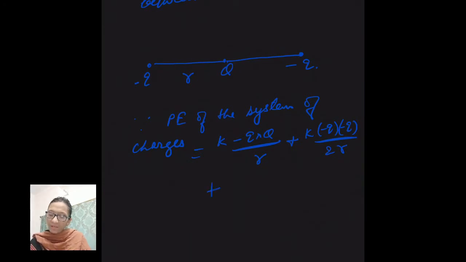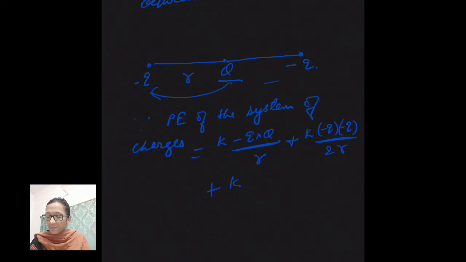Now I will take the second charge and find the potential of this charge due to the presence of the other two charges. But I have already obtained the potential of this second charge capital Q due to the first charge.